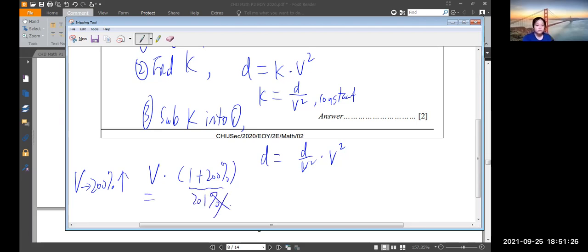Wrong. You key 1 plus 200% into your calculator, you will know. The answer is 3. Or another way to look at this is, what is 300% if you change 200% to a decimal number?